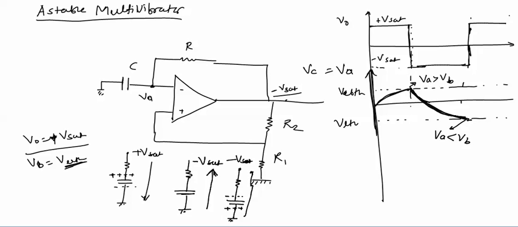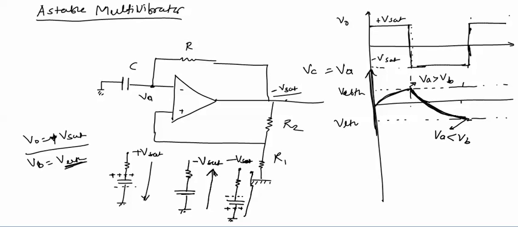So in this circuit we have seen that, without doing anything, this circuit is generating a square wave, means we are not changing anything in the circuit. The output is continuously changing from plus Vsat to minus Vsat and minus Vsat to plus Vsat. So this circuit is an unstable multivibrator which does not have any stable state at the output, because output by itself changes from plus Vsat to minus Vsat and minus Vsat to plus Vsat.